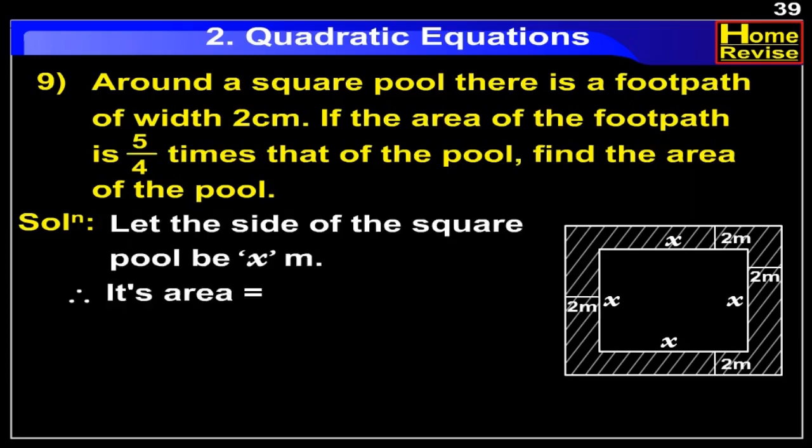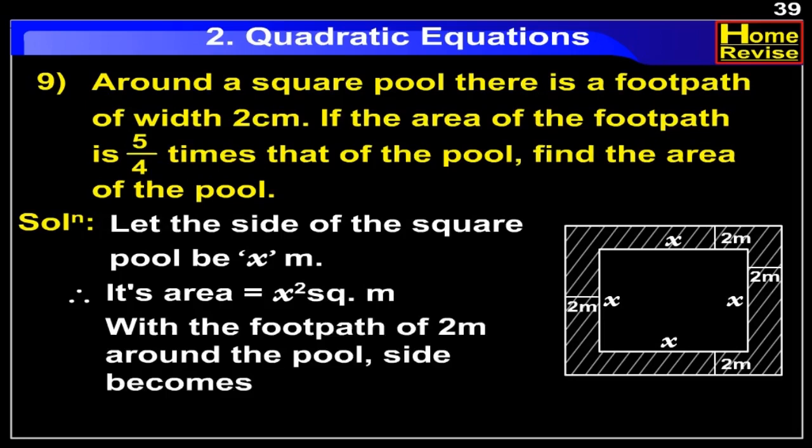Therefore, its area will be equal to x square meters. With the footpath of 2 meters around the pool, side becomes x plus 2 plus 2, which is equal to x plus 4 meters.